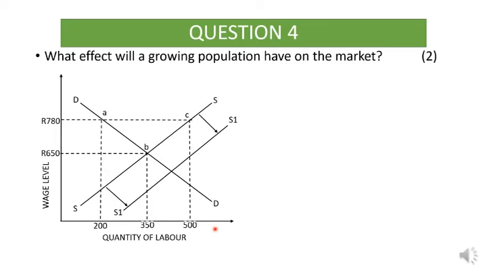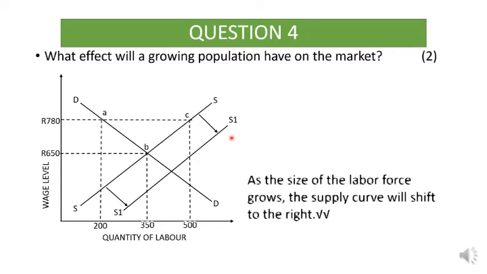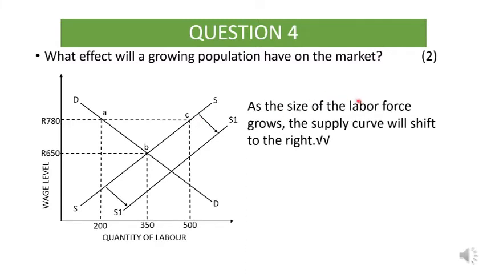So there is a shift of the supply curve from S to S1. So there's a rightward shift of the supply curve. As the size of the labor force grows, the supply curve will shift to the right.